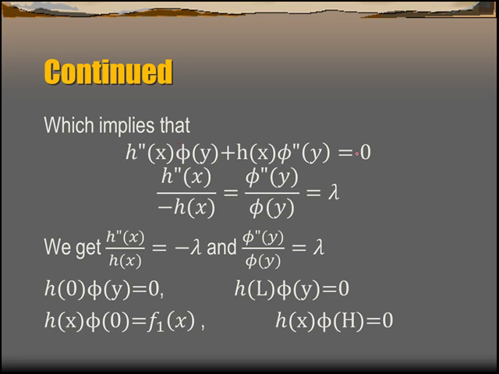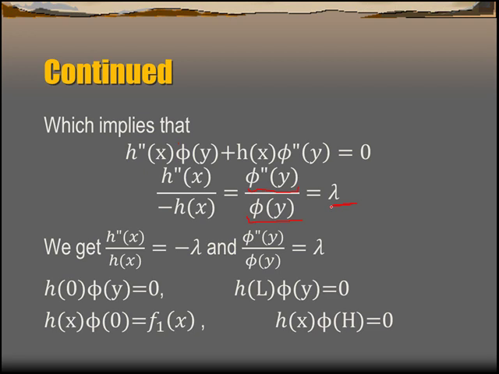After a short algebraic manipulation, we can find that h double prime of x divided by minus h of x is equal to phi double prime of y divided by phi of y is equal to minus lambda, which is some constant. And the reason behind this equality is that there is only one possibility for two functions to be equivalent to a constant. A function of x cannot be equivalent to a function of y unless they are both constant.